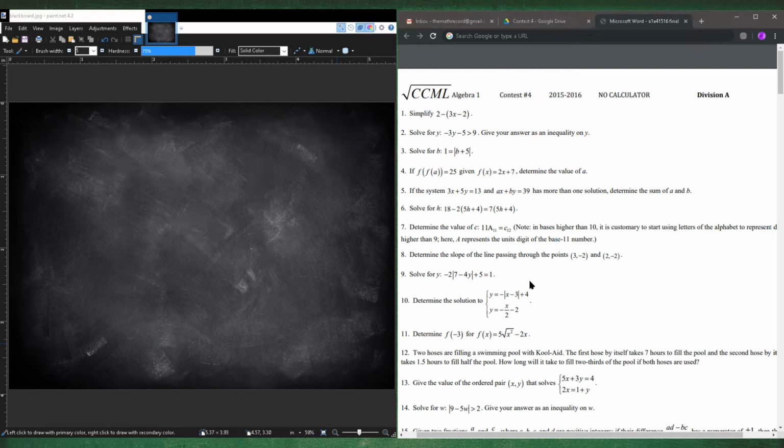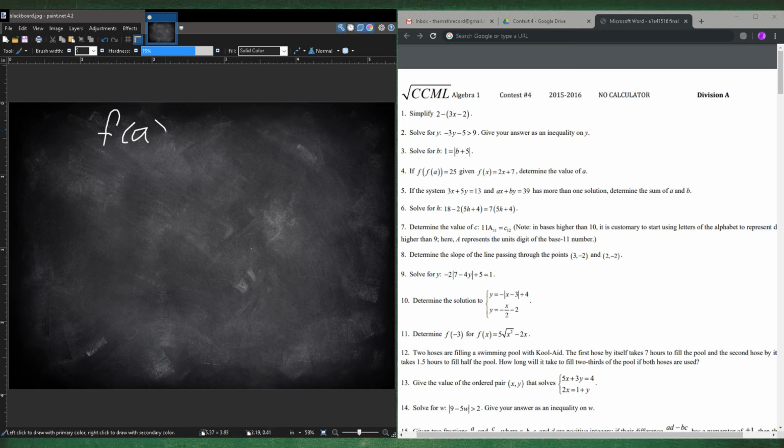Okay. Number 4, if f of a is equal to 25, given f of x is 2x plus 7, determine the value of a. So we plug a in, so we get f of a is equal to 2a plus 7. And then we can have f of f of a, which you just put 2a plus 7 into x.